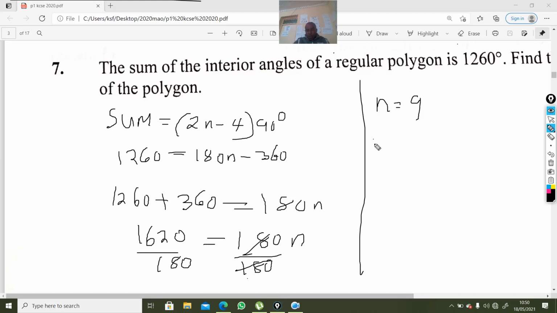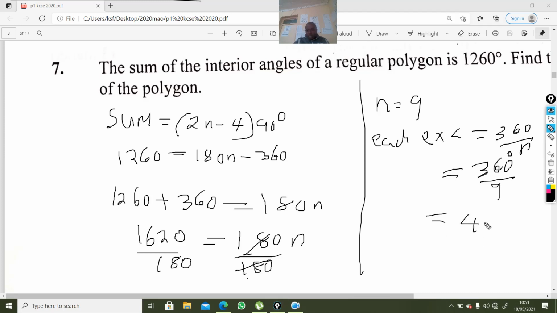Therefore each exterior angle, which is what we are asked, equals 360 divided by the number of sides, 360 over n, which is 360 degrees over 9. Therefore each exterior angle will be equal to 40 degrees. So that is it.